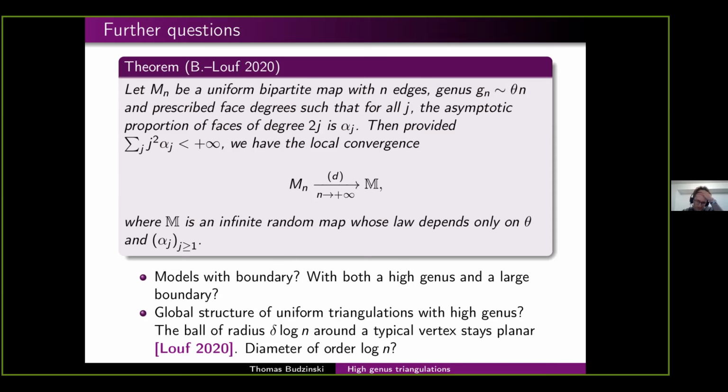I'm not exactly sure I understand what a non-orientable triangulation would look like, but for example, it's probably true that if you take a uniform triangulation homeomorphic to, say, the Klein bottle, the local limit would still be the UIPT.